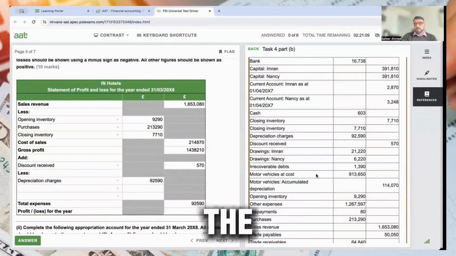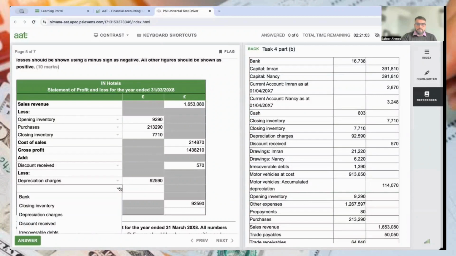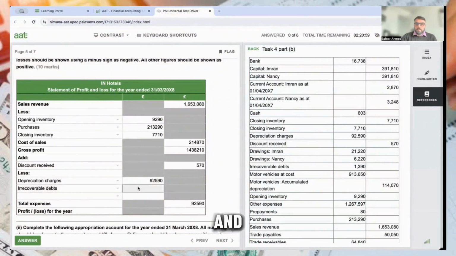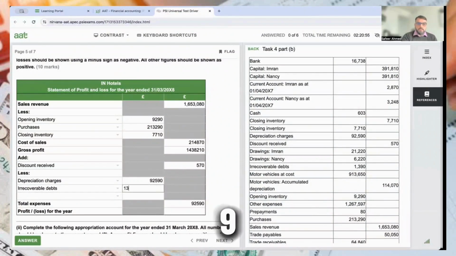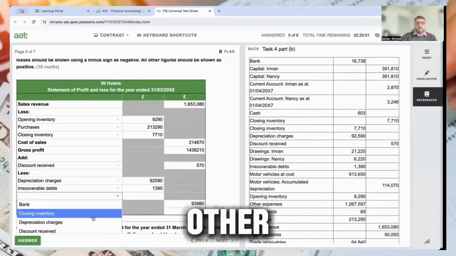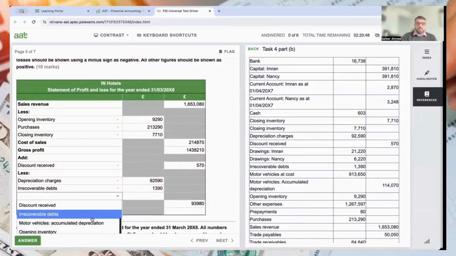So we recorded the depreciation charges, but as you know, irrecoverable debt is an expense as well. And the irrecoverable debt amount is 1390. And of course, then we have other expenses as well.